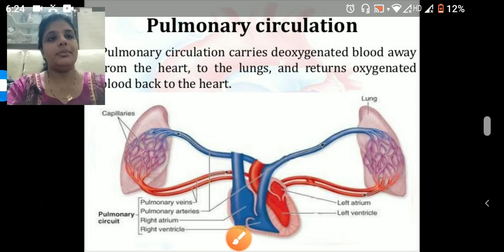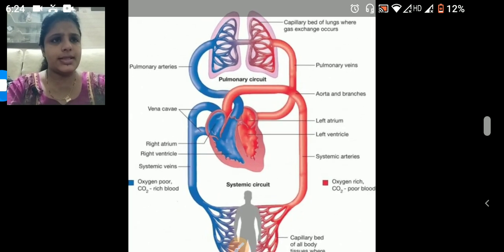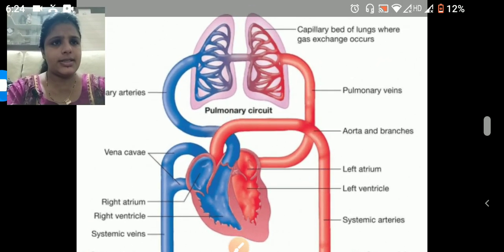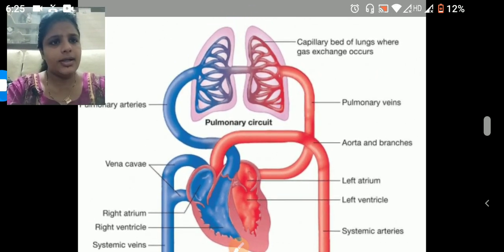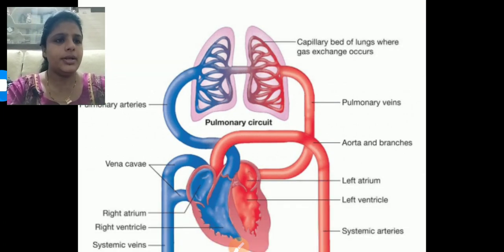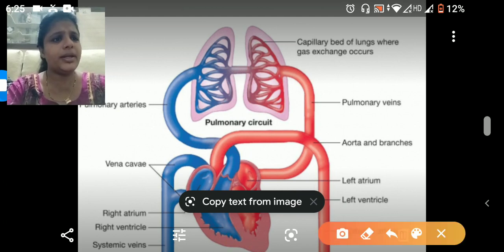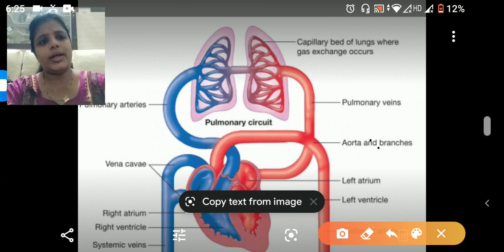Similarly, we have systemic circulation. Before that, let's understand. This is our heart. This is the right atrium. This one is the left atrium. From the right atrium, blood flows to the right ventricle.